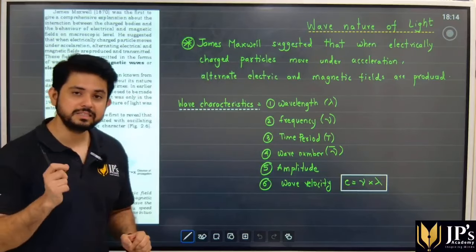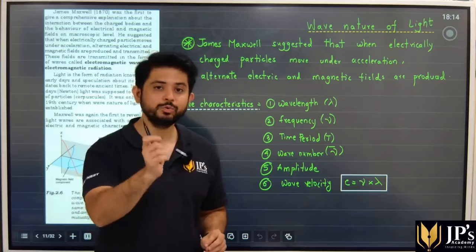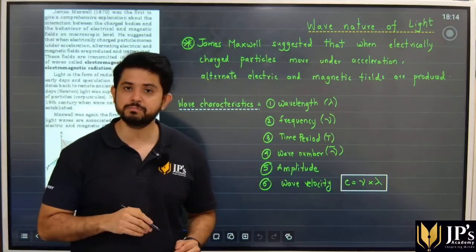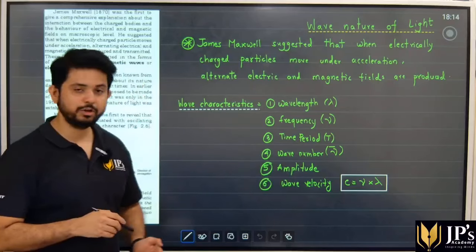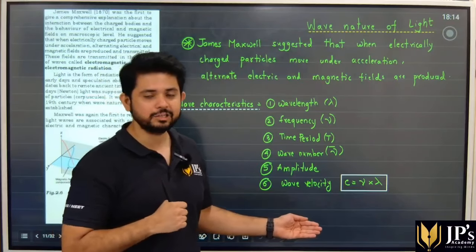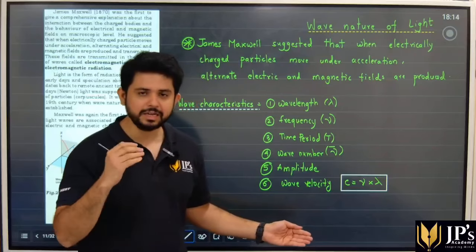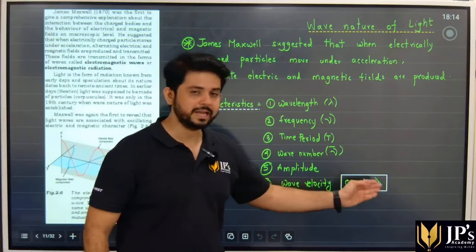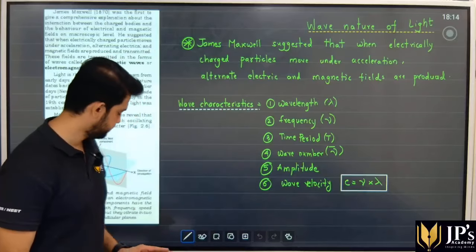Wave number is the number of waves per unit length. Amplitude is the maximum displacement from the mean position, and wave velocity, the speed of light that we take, is 3 into 10 raised to 8 meters per second. We are considering electromagnetic radiation over here, where speed is frequency times wavelength.